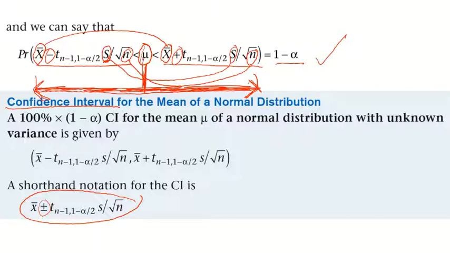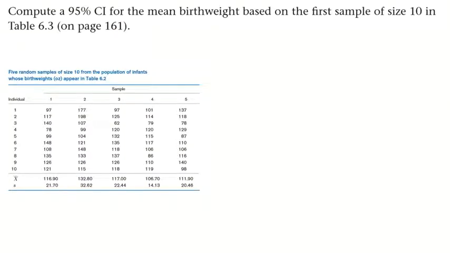So let's try an example on how we can work with this expression. Okay, so here we are asked to compute a 95% confidence interval for the mean birth weight based on the first sample of size 10. So we will base it on just this first sample.